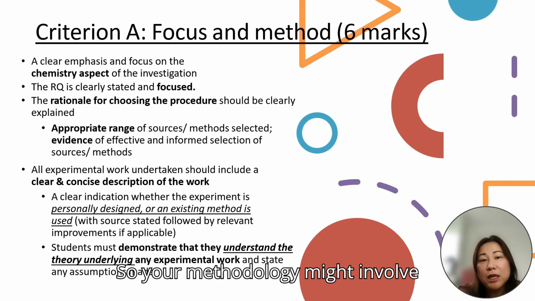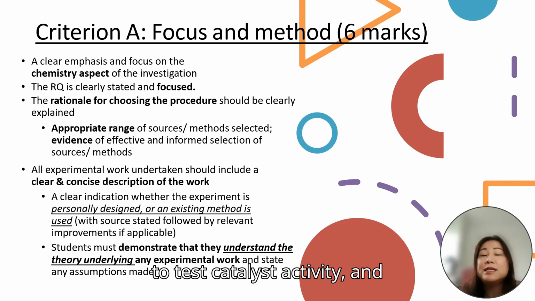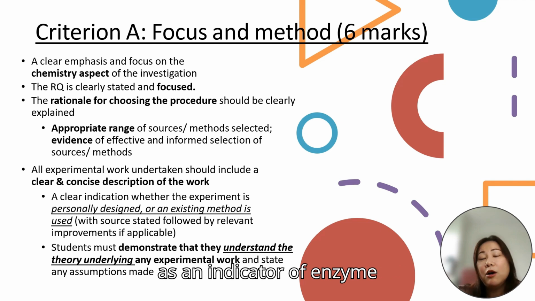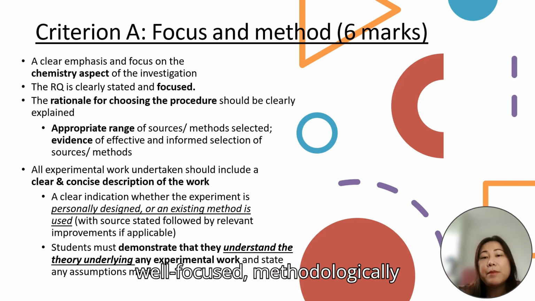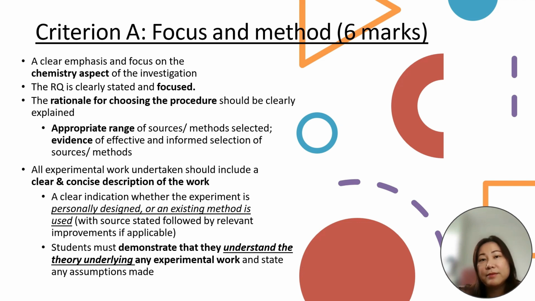So your methodology might involve using a range of pH buffers to test catalase activity and then measuring oxygen production as an indicator of enzyme activity. By addressing these aspects, students can ensure that their research is well-focused, methodologically sound, and clearly presented.